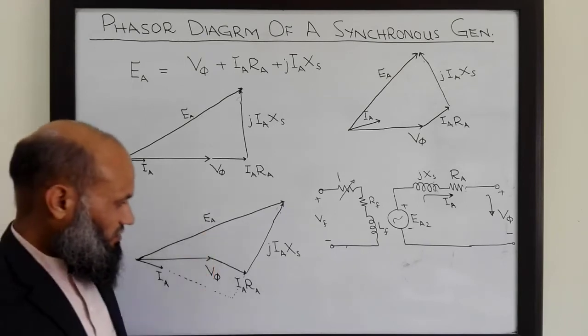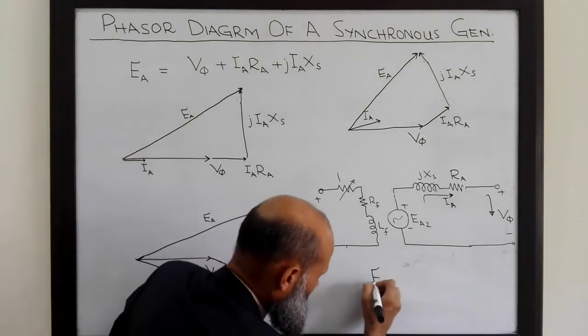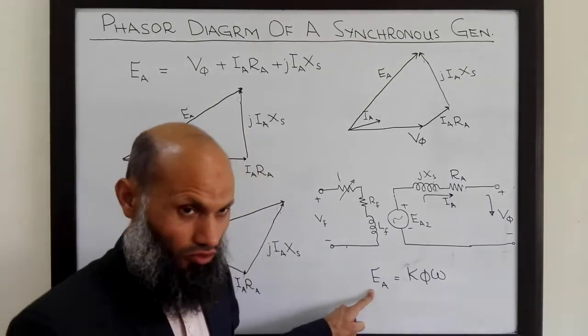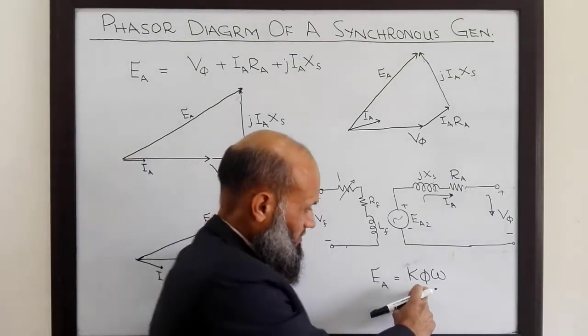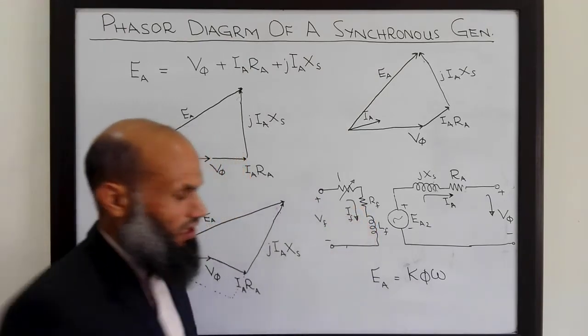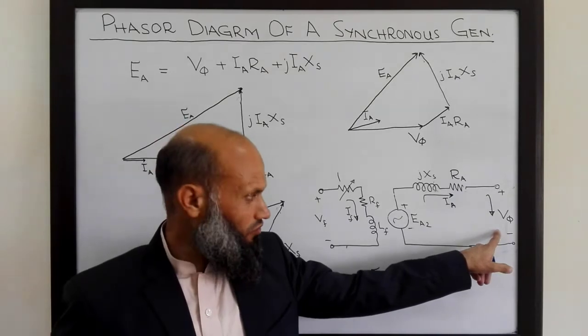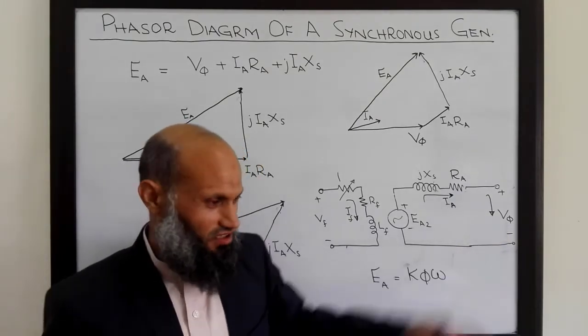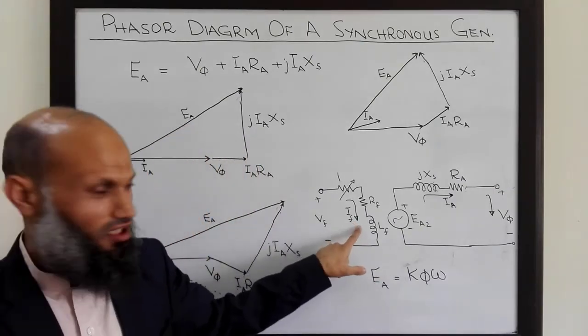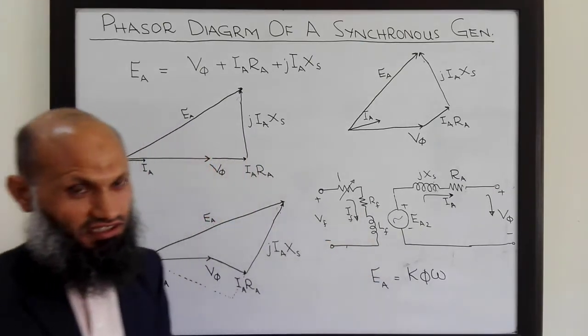That means that EA, you already know, is given by this expression. That is, generated voltage depends upon flux. This flux depends upon field current. So if you have connected an inductive load to the synchronous generator and you want to keep this voltage constant, you have to supply more field current to the rotor circuit.